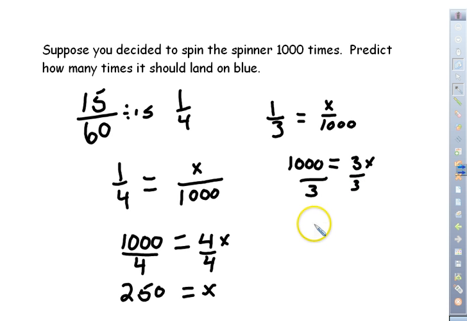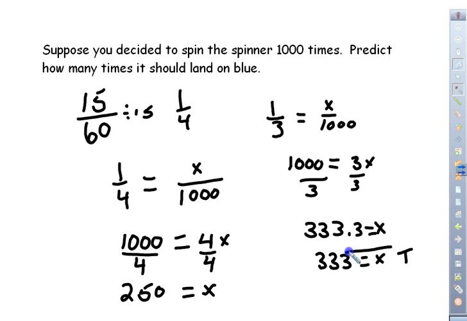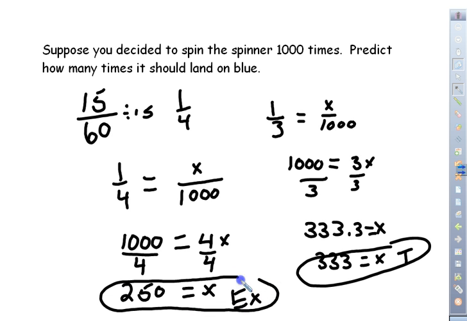And when you do that, you're going to see that you get 333, and you can say 0.3 equals x. Okay, so round this off if you like to the nearest whole and get your 333 equaling x. So in comparison, again, this is your theoretical, this is your experimental probability.